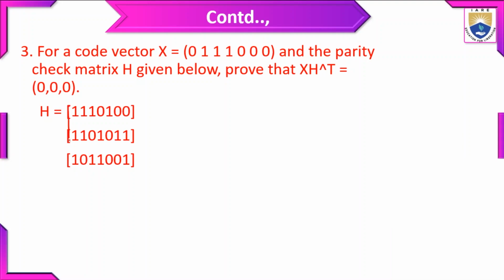So what is the size? 3 by 7. So this is the given H parity check matrix. But what do they ask? X H transpose is equal to 3 zeros. So we are going to prove this one.